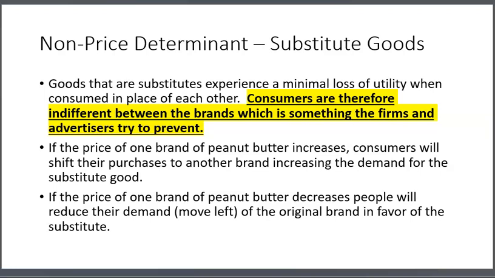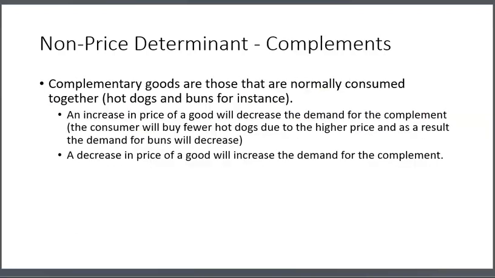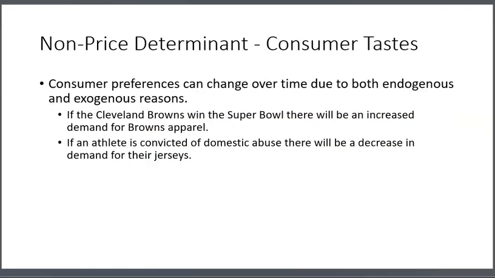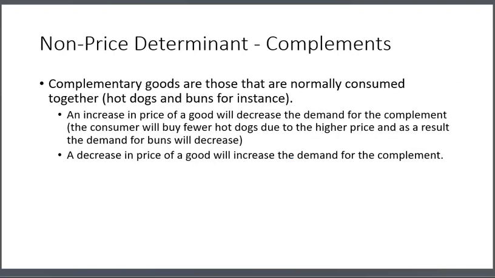Another thing that comes into play here are complements. Complementary goods are goods that go together. For example, peanut butter and jelly. So if the price of peanut butter increases substantially, then the number of people buying peanut butter should decrease.